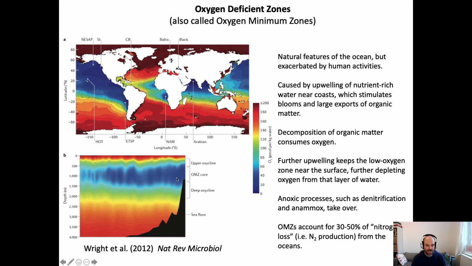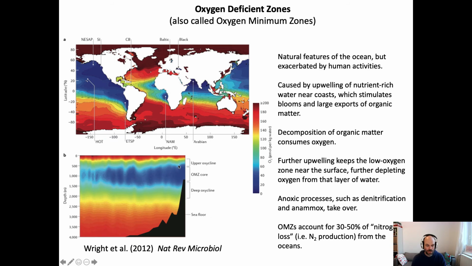You tend to get them naturally in coastal areas, in the same places where you have really productive fisheries, for example, as I was talking about in the previous lecture, where you have upwelling, bringing fresh nutrients like nitrate up to the surface, fueling a very productive ecosystem with phytoplankton, fixing carbon, creating more organic matter, animals coming in, eating that organic matter, creating a nice productive fishery.